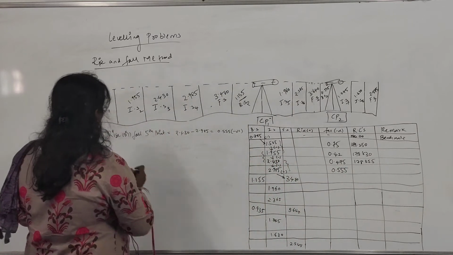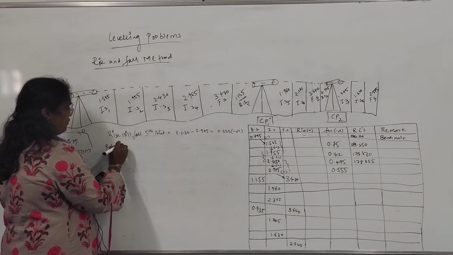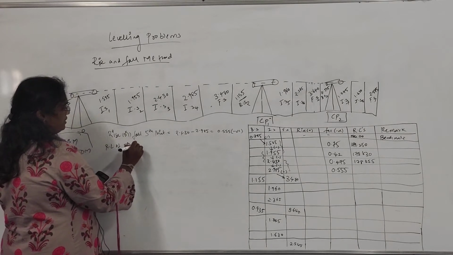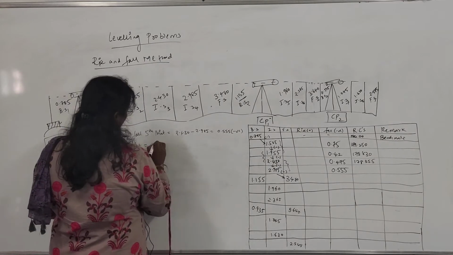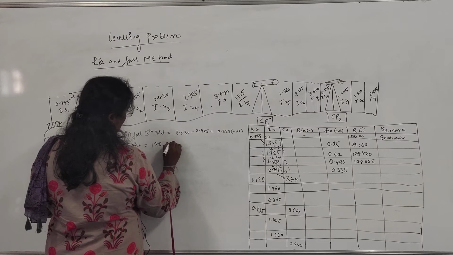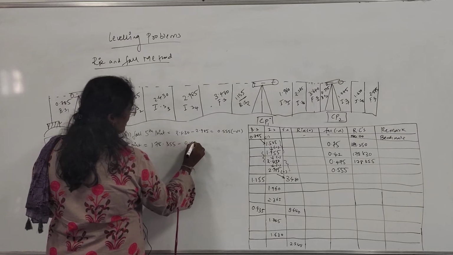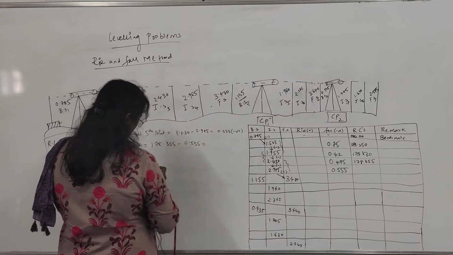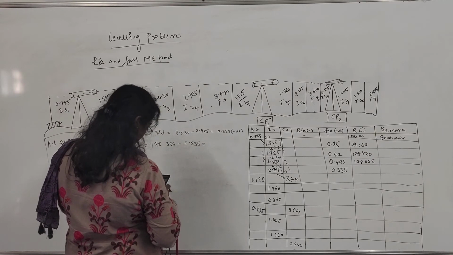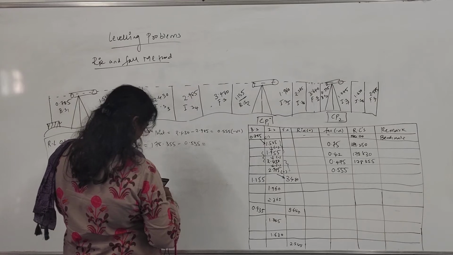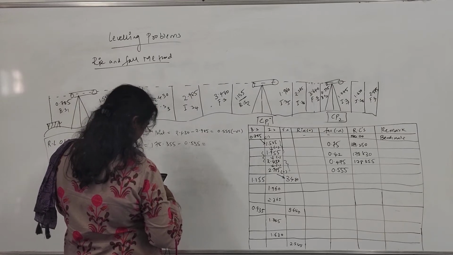Next we need to find out the RL of the fifth point. So that will be how much? 178.355 minus 0.555, right? So that will be 178.355 minus 0.555, right?